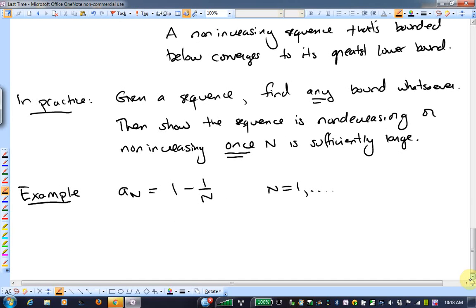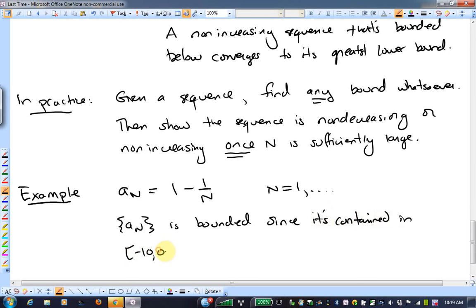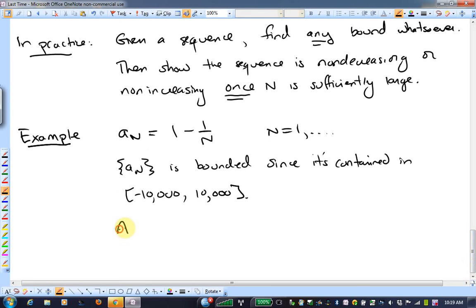There's my sequence, okay? a_n is bounded since it's contained in minus 10,000 to 10,000. And yeah, I know, I could have done a lot better than this, but they're not paying me for that, okay? Now check this out.